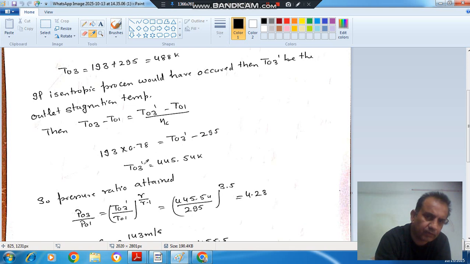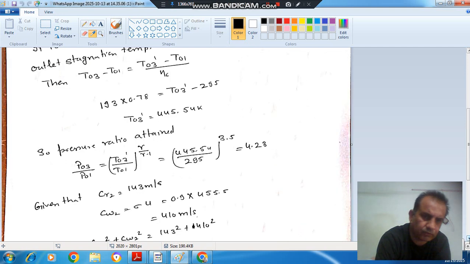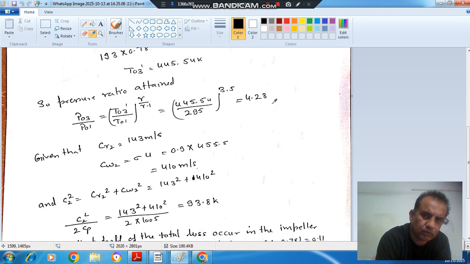Putting the value of T01, we can find T03 dash, the isentropic temperature attained after compression if the compression is isentropic. Now we can apply the isentropic relation: T03 dash by T01 is equal to P03 by P01 raised to gamma minus 1 by gamma. T03 dash and T01 are known, so the pressure ratio comes out as 4.23. This is your overall pressure ratio.